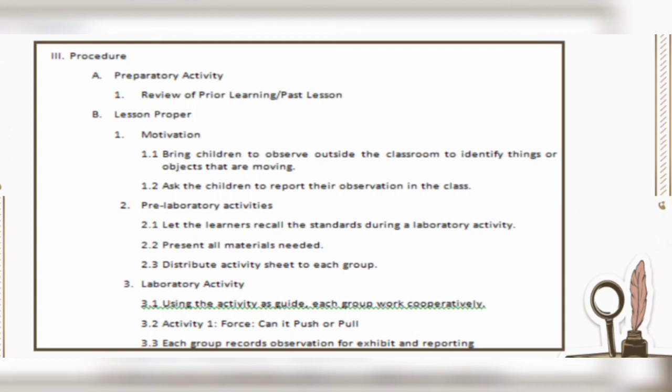B, lesson proper. 1, motivation. 1.1, bring children to observe outside the classroom to identify things or objects that are moving. 1.2, ask the children to report their observations in class. 2, pre-laboratory activities. 2.1, let the learners recall the standards during a laboratory activity. 2.2, present all materials needed. 2.3, distribute the activity sheet to each group.